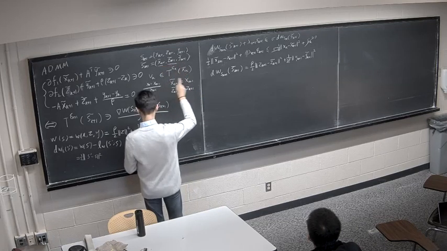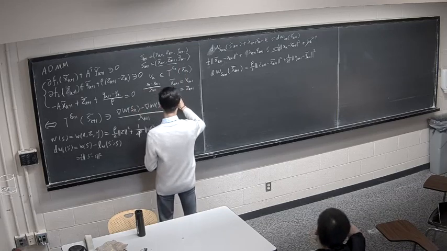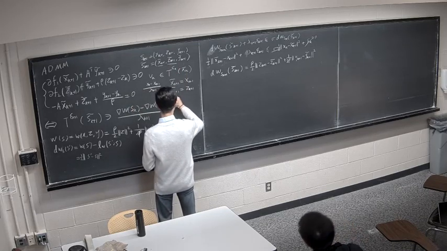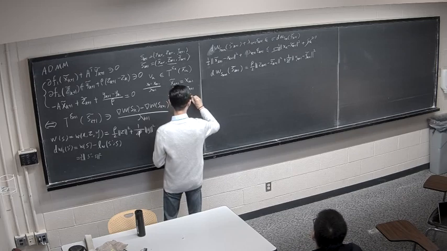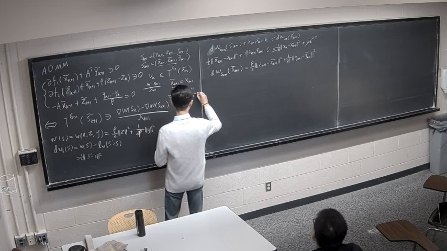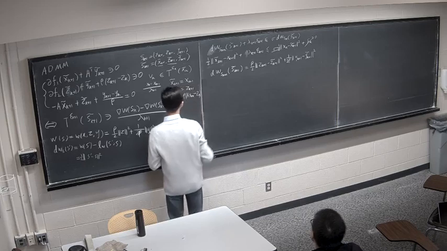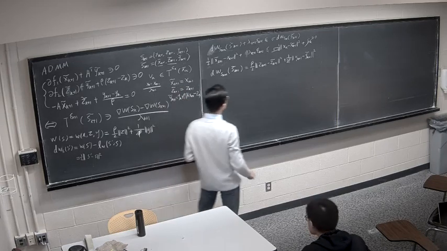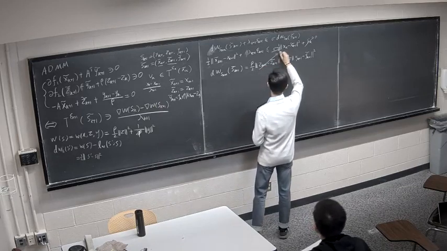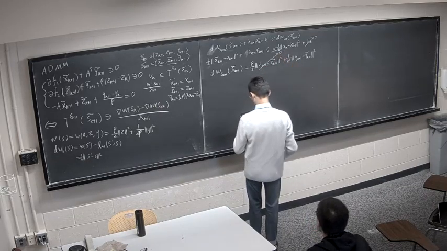And for the dual, it's different. y tilde_{k+1}. Right, because z_{k+1} and z tilde_{k+1} are the same, this term goes away. We only need to care about the last term.